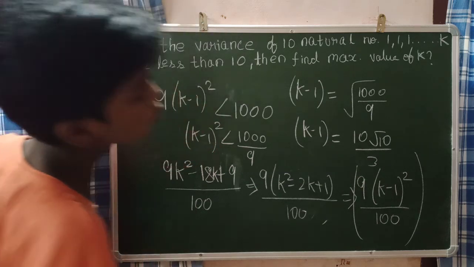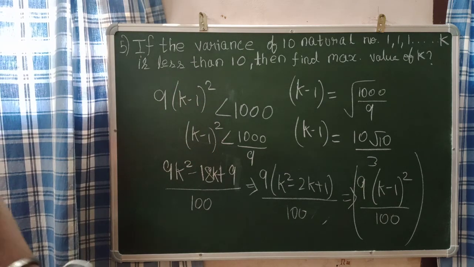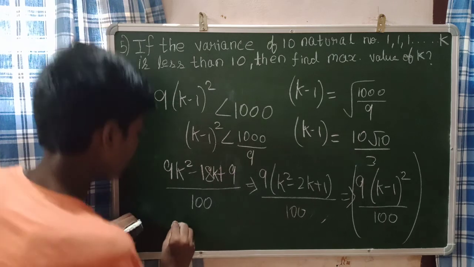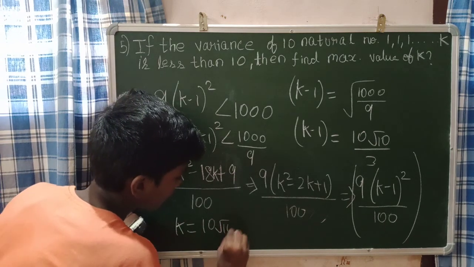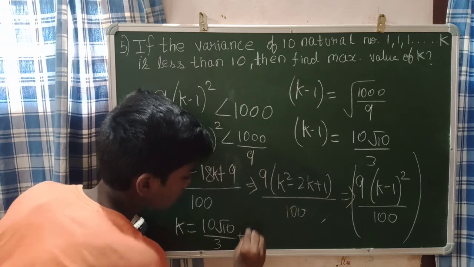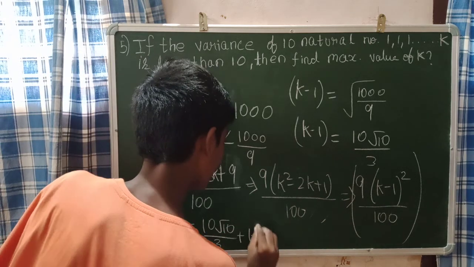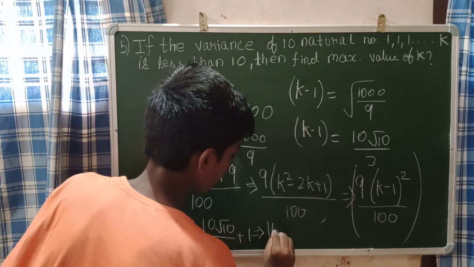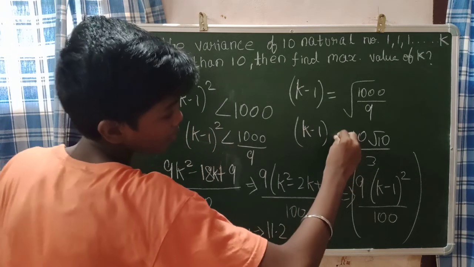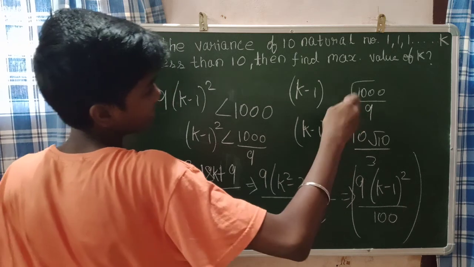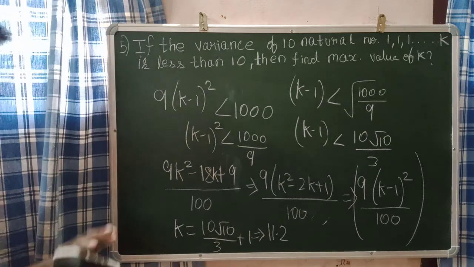Now if k minus 1 is 10 root 10 by 3, then your k will be 10 root 10 by 3 plus 1. When you solve this, you will get the value of k as 11.2. Again and again I am putting it as equal. Sorry guys, it's less than.